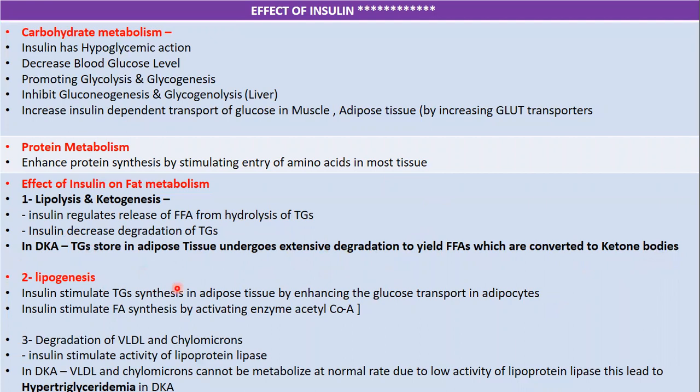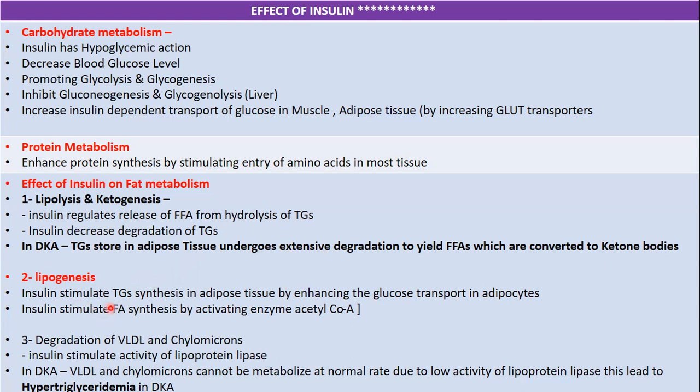So here is the reason why it happened, and that is due to simply lipolysis and ketogenesis. The effect of insulin on fat metabolism is lipogenesis. How lipogenesis? The insulin triggers the effect on triglycerides, and that leads to our process of lipogenesis in adipose tissues.